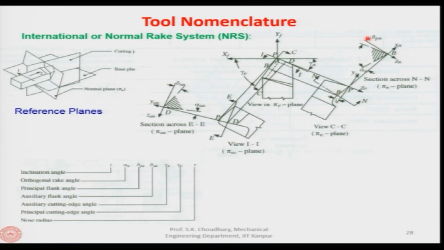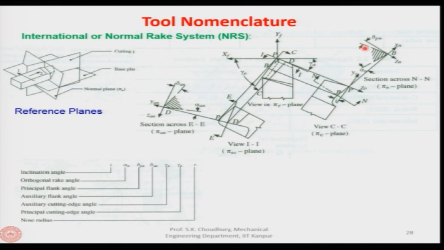And this angle, which is between the flank face and the line along the z axis, will be called the principal normal flank angle. So, we have the angles like here we have the auxiliary normal rake and the auxiliary normal flank. Here we have the normal rake and the principal normal flank.